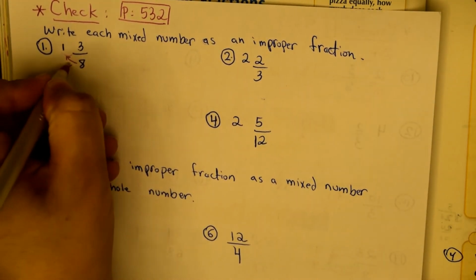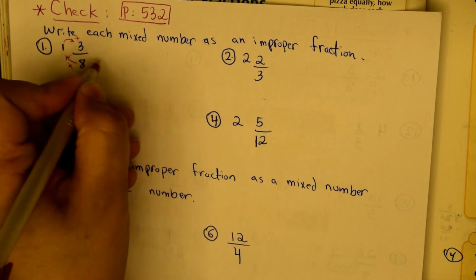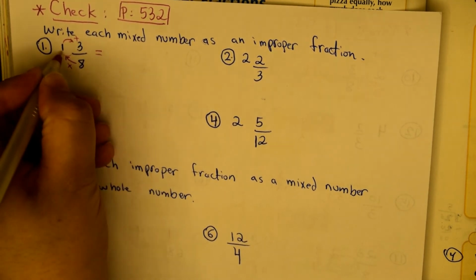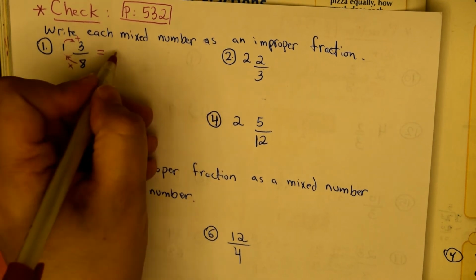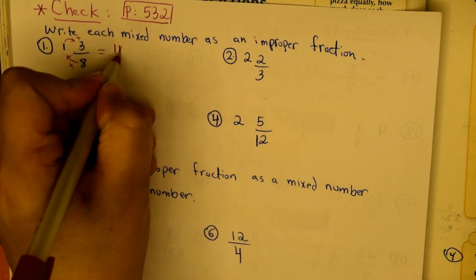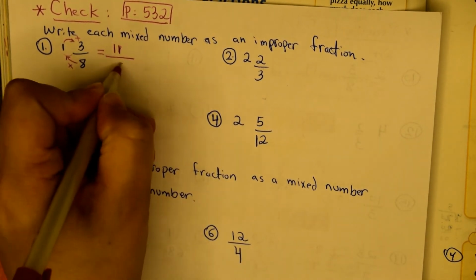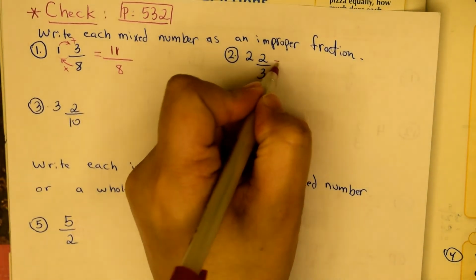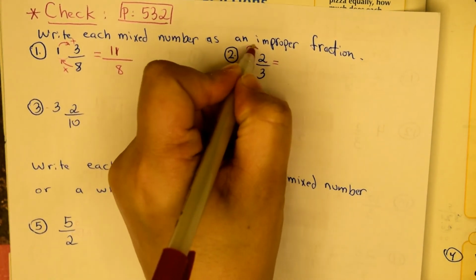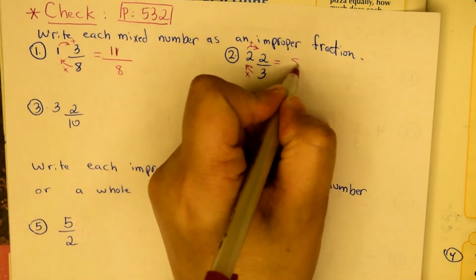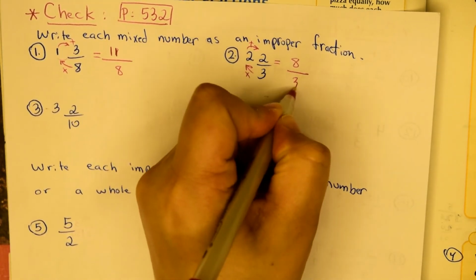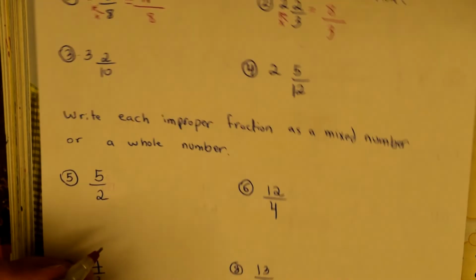First I will multiply, then I will add. So 8 times 1 equals 8, plus 3 equals 11. So this number will be here in the numerator place, and down I will put the same denominator. Here multiplication, addition. 3 times 2 equals 6. 6 plus 2 equals 8 over the same denominator.